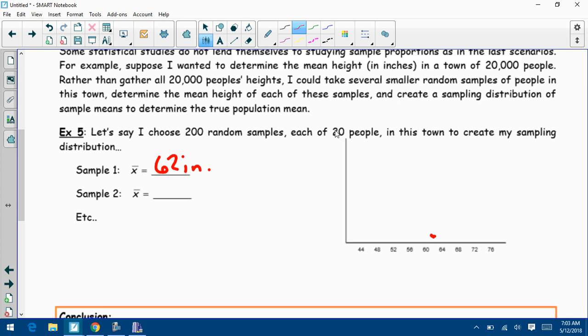Okay, so now let's say I go and take another total random sample of 20. So these are another 20 people out of these 20,000. And let's say those people are a little bit taller. They all have an average height of 65. So I put a dot at 65. If I do this 200 times and get 200 dots, I should expect to see a normal curve happen again. And the mean or the middle of that normal curve should probably be the mean of the actual 20,000 people.